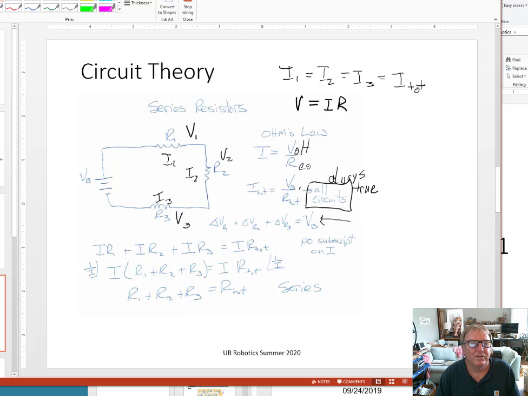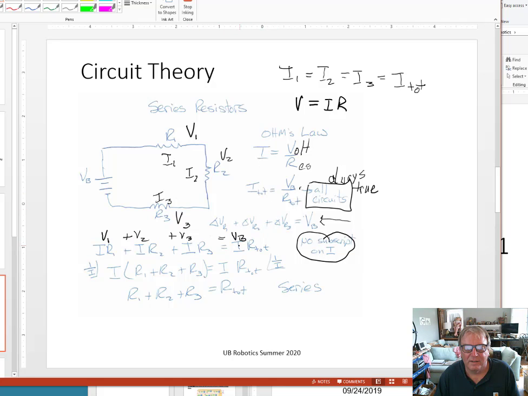So there's no need to put a subscript on I. So we have V1 plus V2 plus V3 equals V battery.